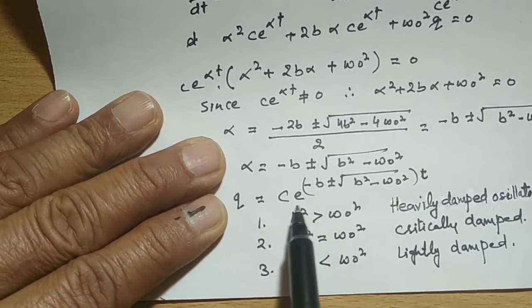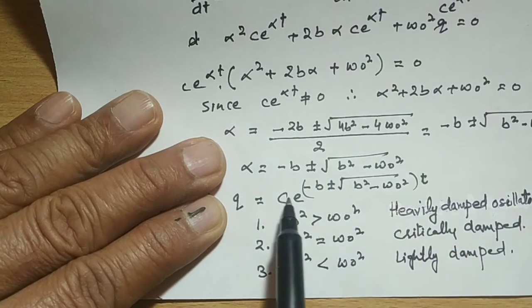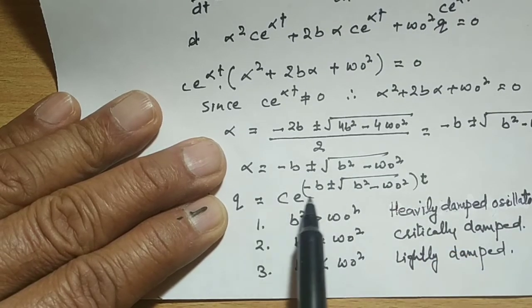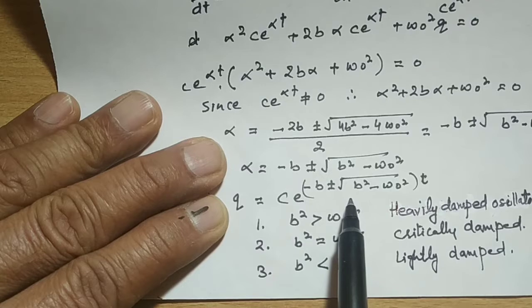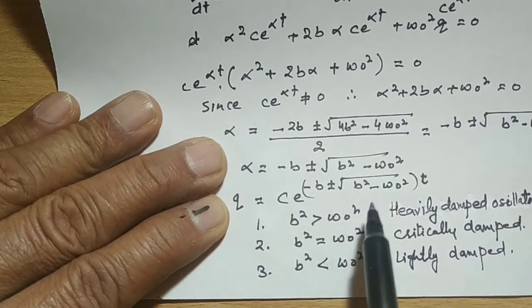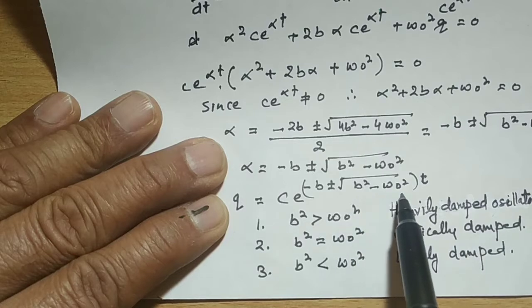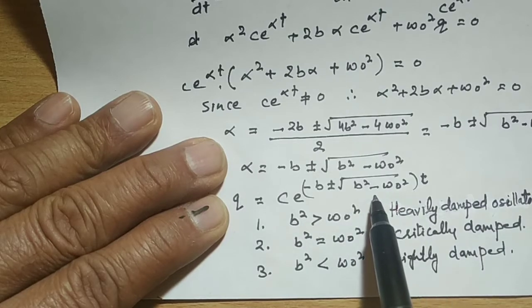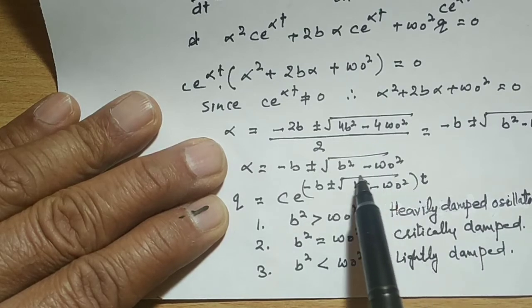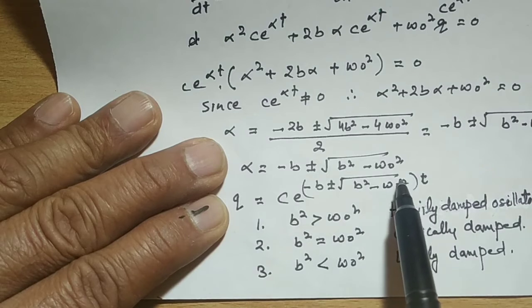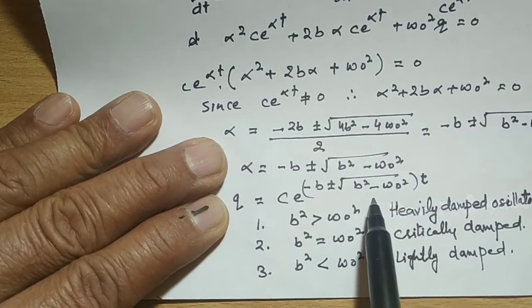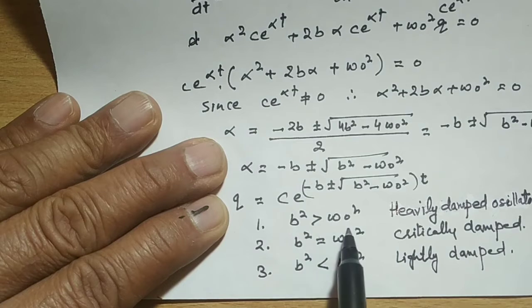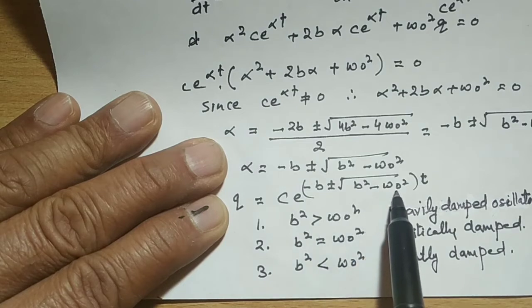Now this equation will be a combination of various results, because there is a term under the square root, b square minus omega naught square, and due to the negative sign we can have 3 different values. One case is where b square is greater than omega naught square.